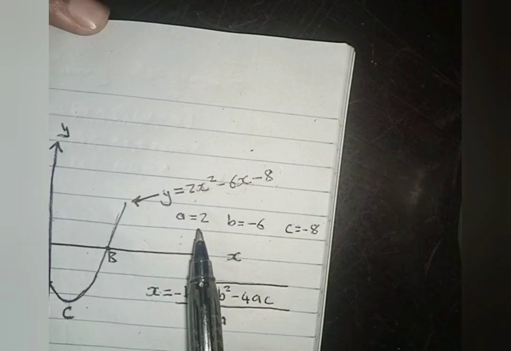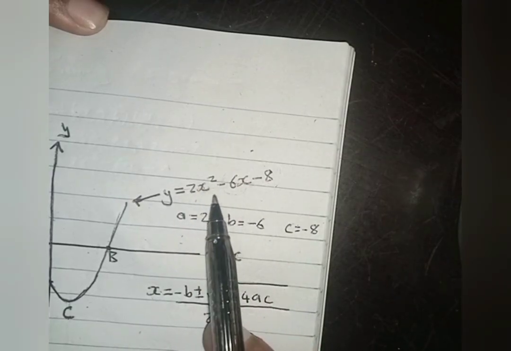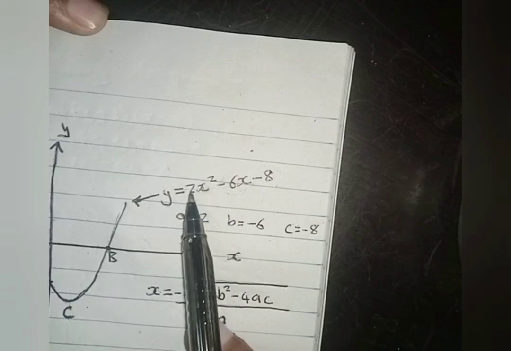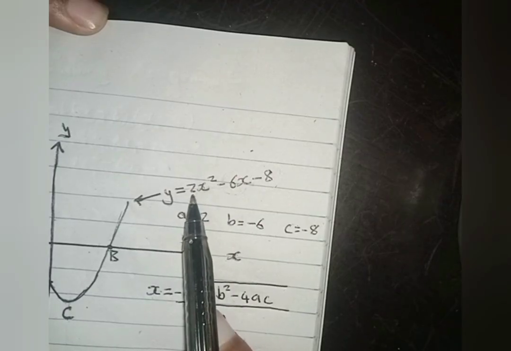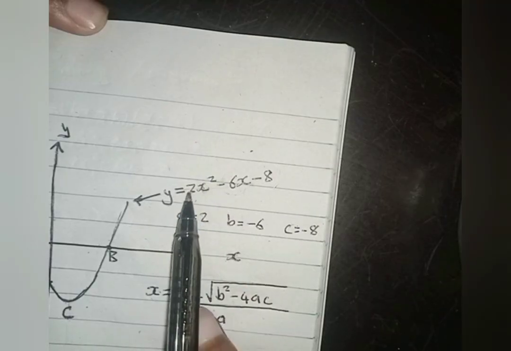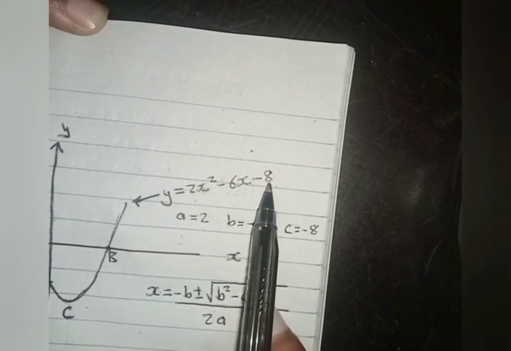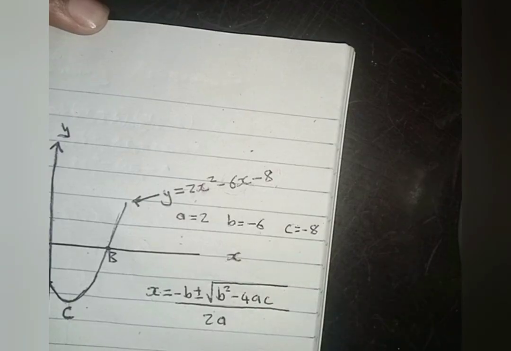And remember, when you are getting these coefficients from your equation, you don't get the variable, you just get the coefficient. So here, just extract the 2, don't get the x squared. So we have a is equal to 2, our b is negative 6, and our c is negative 8.